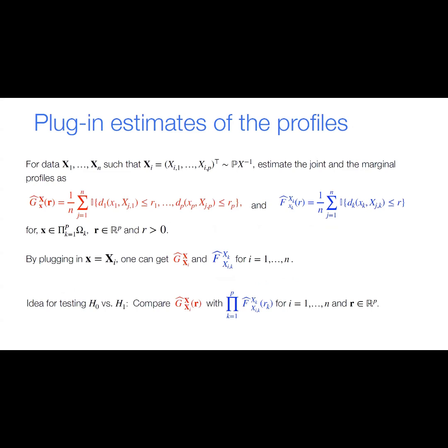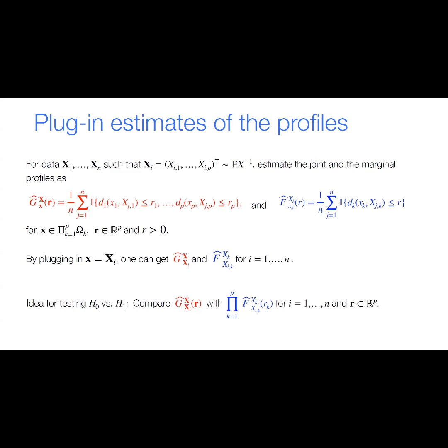So what we will do is we'll use those samples to construct the joint distance profile, the very usual way to estimate CDFs, joint CDF here. And then we'll also look at the product distance profiles, which are just one-dimensional in each space. And then we will use these plug-in estimates of the joint profile and the marginal profiles for every point in your data.